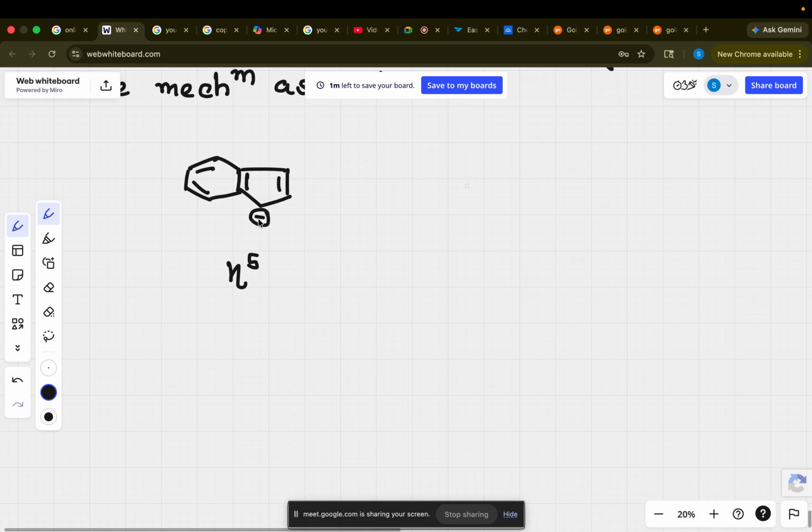Why eta 5? Because this is one carbon center, this carbon has one double bond, this carbon has one double bond. So all the pi electrons will donate and you will get eta 5. Now the same compound I can also write down like this. And if I write like this, then it will be your eta 3, not eta 5.